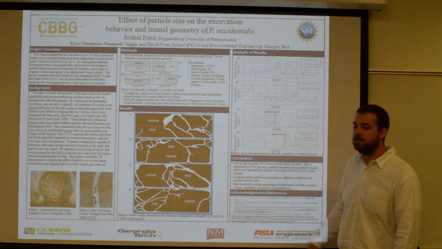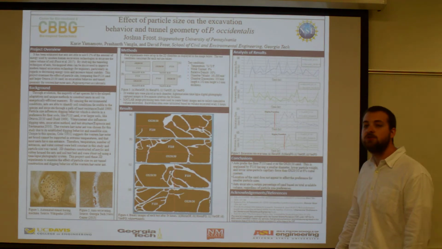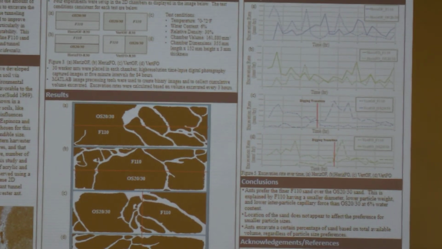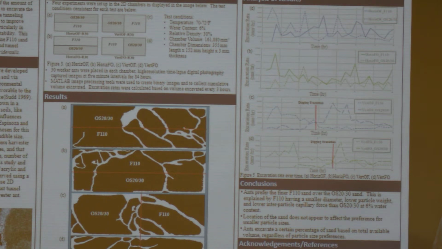These images are the final binary images for each experiment after 84 hours of excavation. As you can see, they have varying orientations of the F110 and Ottawa 2030 sand, but we will just be focusing on this top image and this bottom image. These graphs correspond to the binary images and the four experiments.